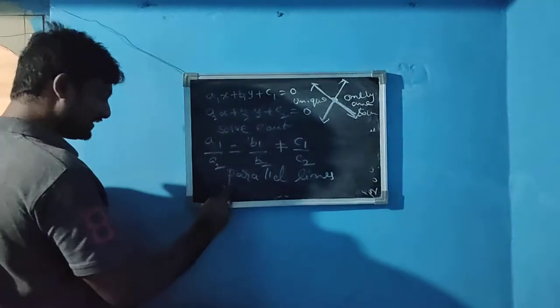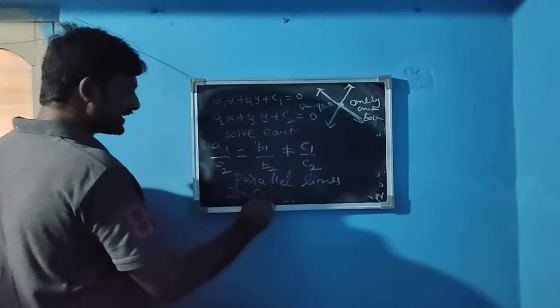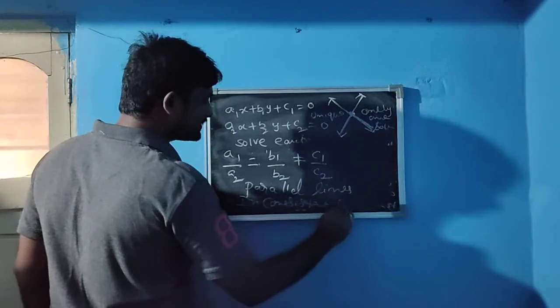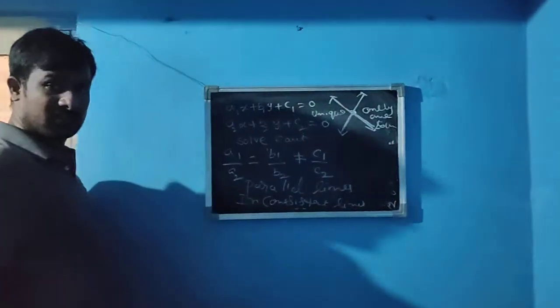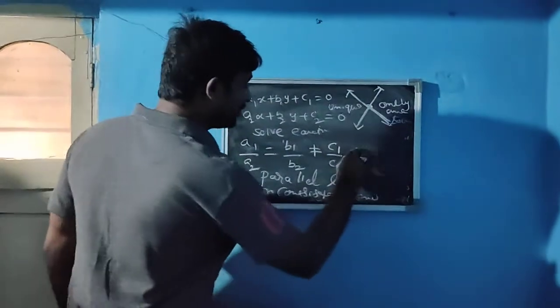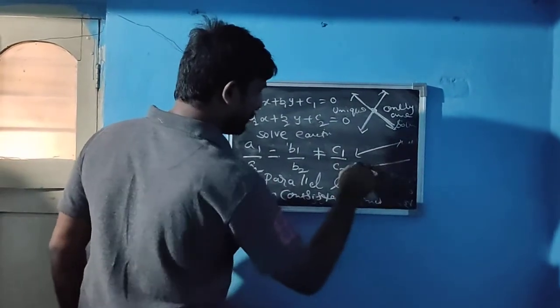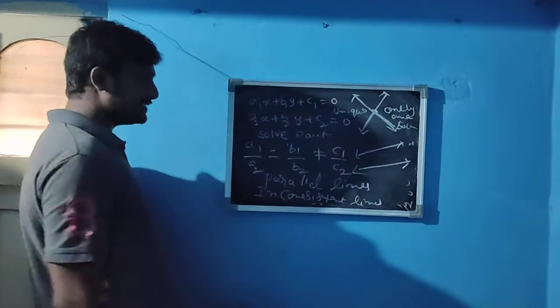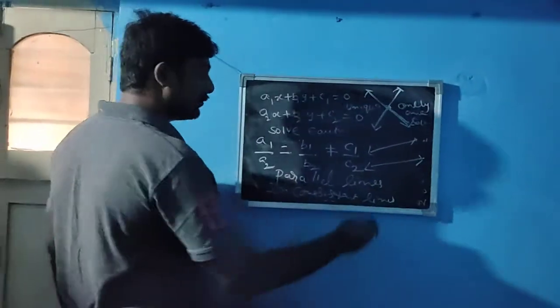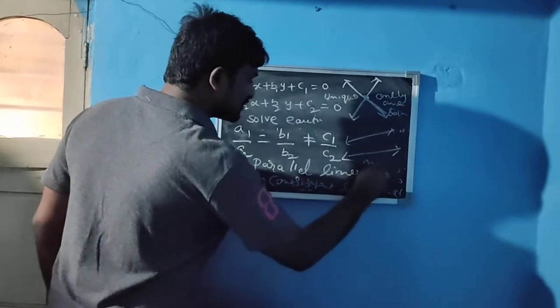The other name is inconsistent lines. The graphical representation of inconsistent lines is parallel lines. They do not intersect anywhere. How many solutions does it have? No solutions.